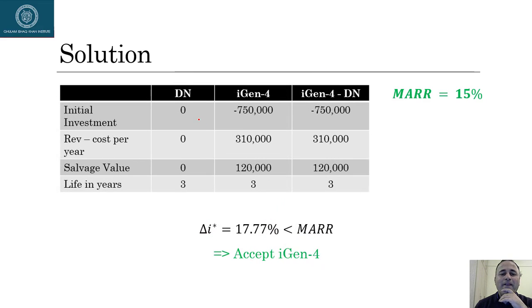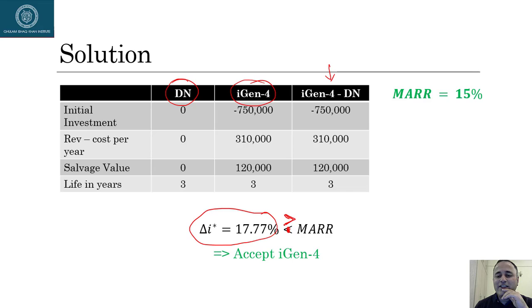Do nothing. Now I compare the do nothing option with the fourth printer. Once I calculate the incremental cash flows, the IRR of incremental cash flows now is 17.77%. I apologize, it is greater than MARR.